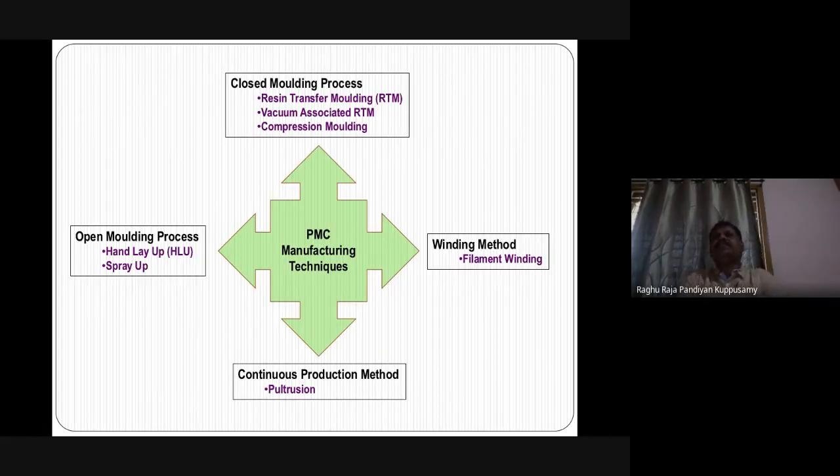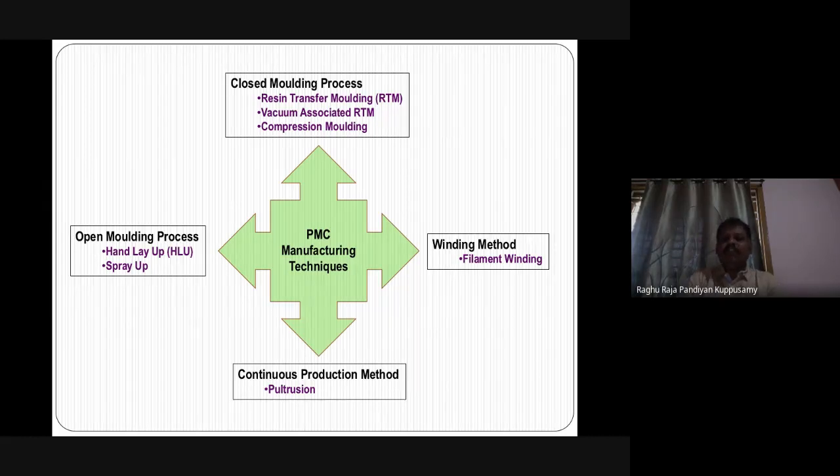Next, in manufacturing thermoset polymer composites, there are wide varieties of manufacturing techniques, for example, open molding processes, closed molding processes, winding methods, and continuous production methods. In open molding processes, we see the hand layup method and spray up method.